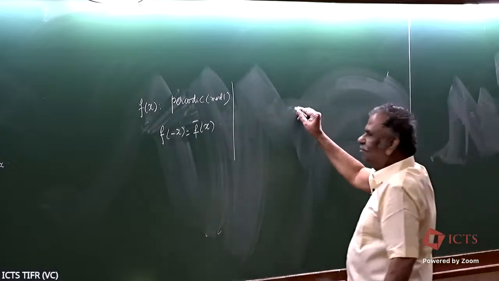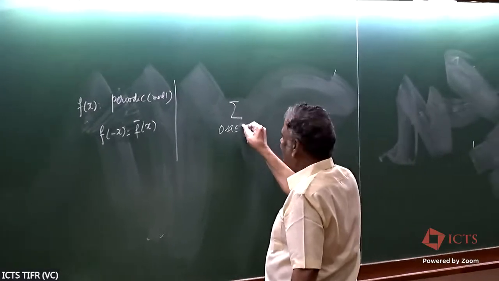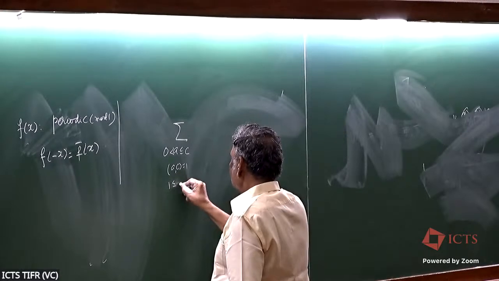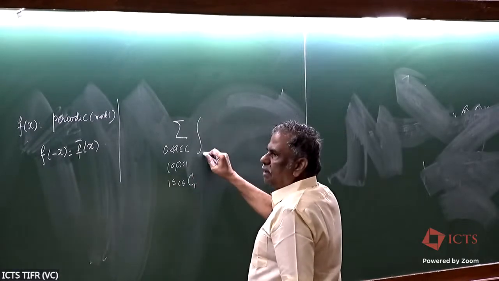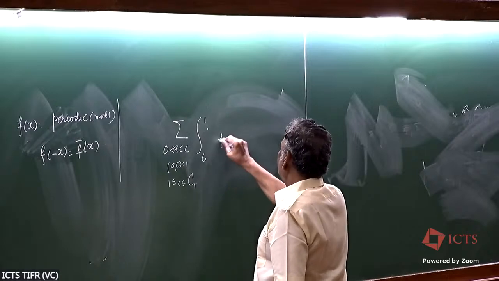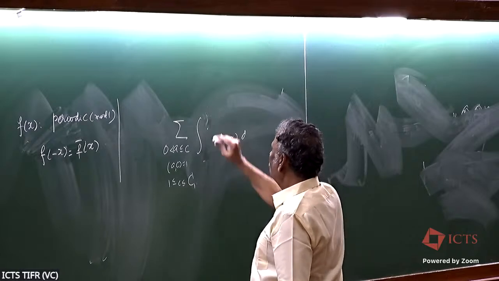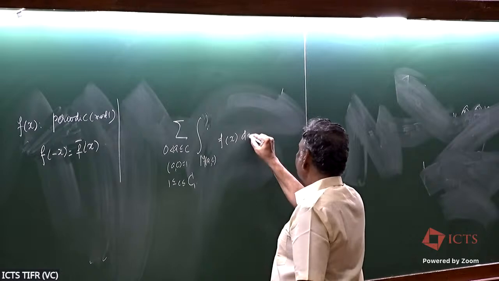And therefore, consequently, we have the summation over 0 less than or equal to a less than or equal to c, ac equal to 1, c less than or equal to capital C, of the integral 0 to 1, f of x dx.